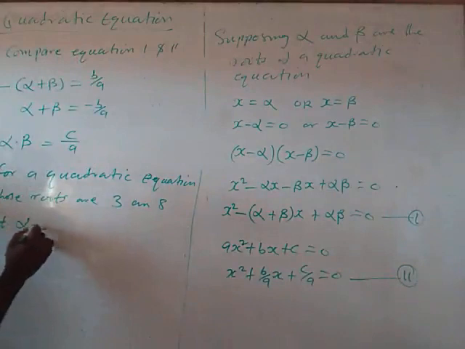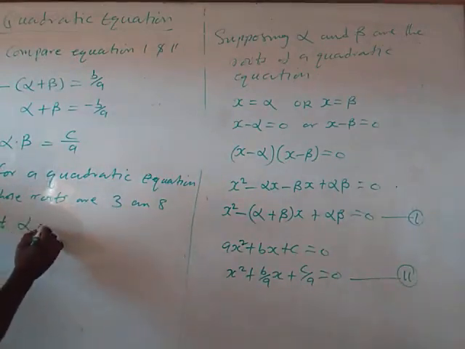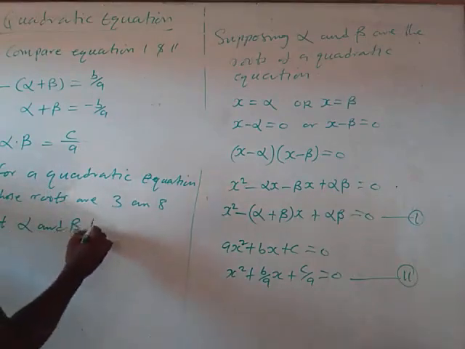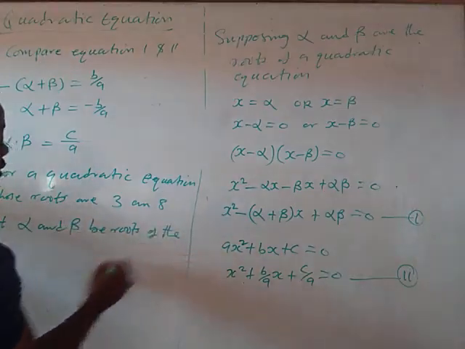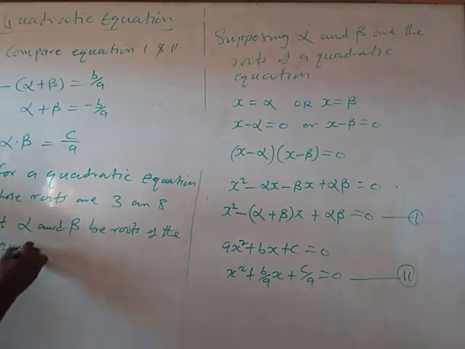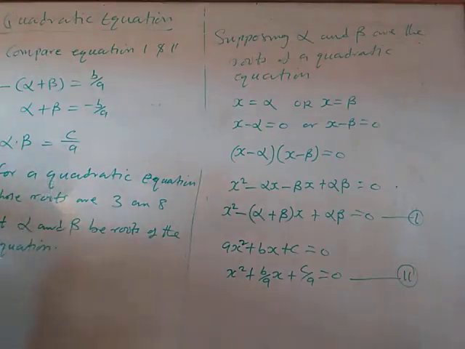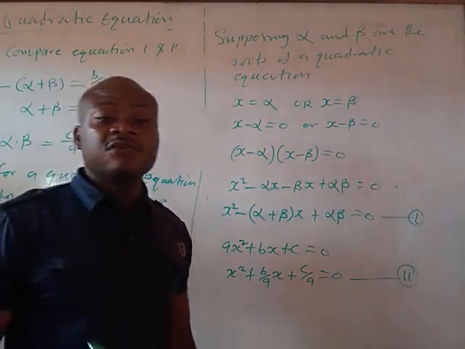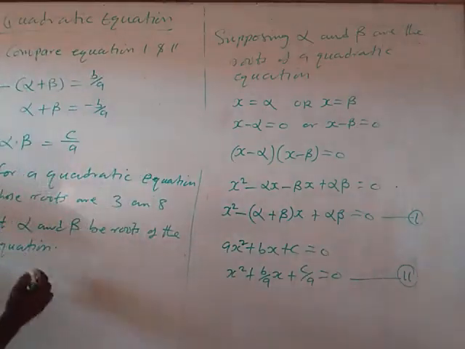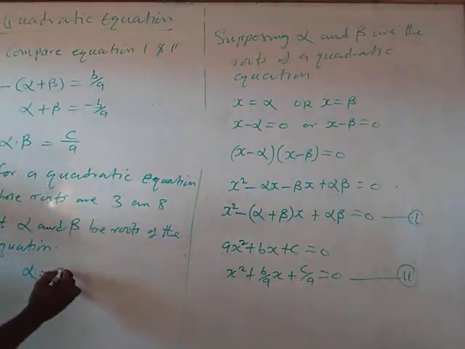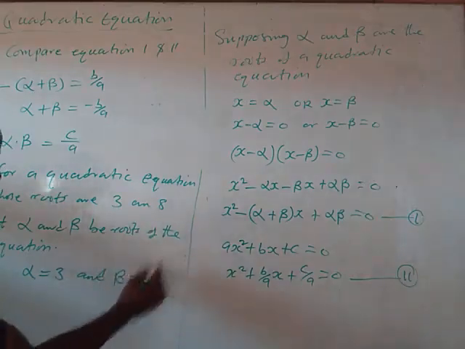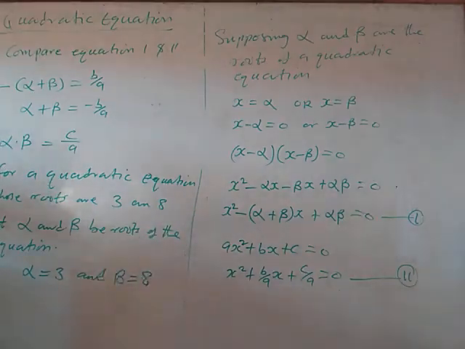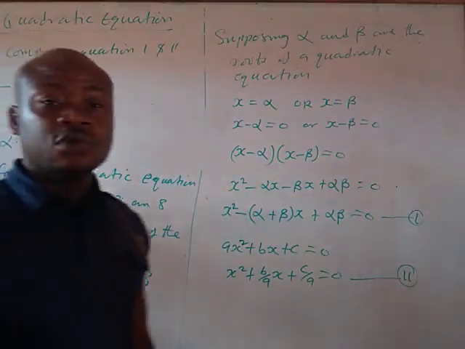Let alpha and beta be roots of the equation. Then we have our alpha to be 3, and our beta to be equal to 8.